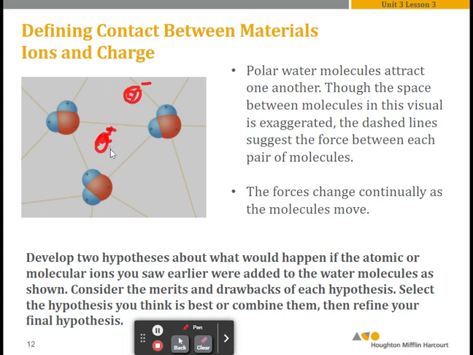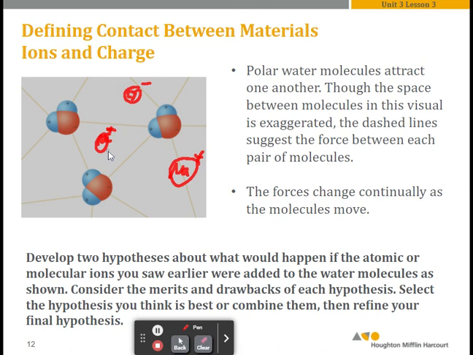The pen I've selected is a little too fat to draw these, but then what kind of ion would this be? This would be sodium because it's attracted to the negative side of that water molecule. So these ions are attracted to the water molecules without actually forming a bond with them. And this is more likely because the polar water molecules would attract the ions.